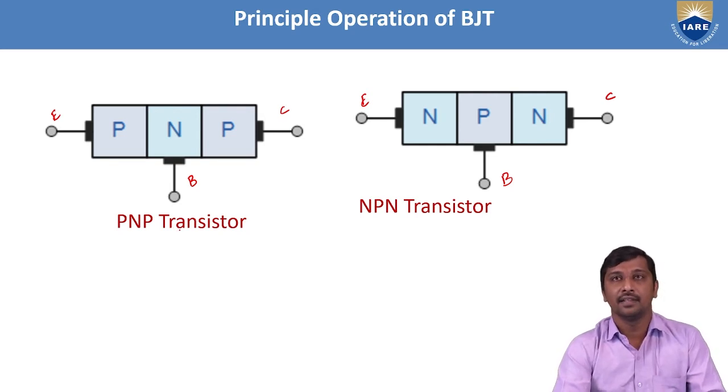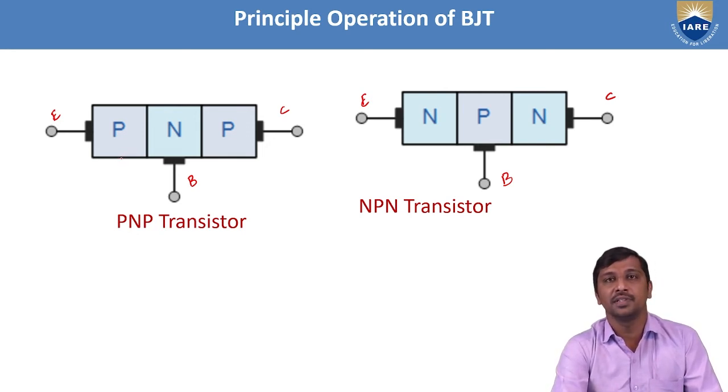We need to remember which type of material is used for the emitter side, base side, and collector side. Why? Because we need to satisfy the definition of the transistor.